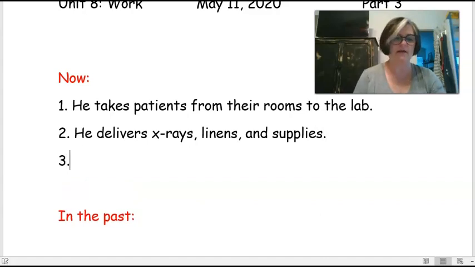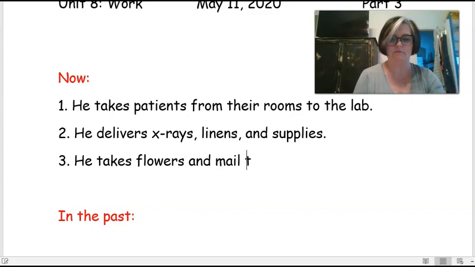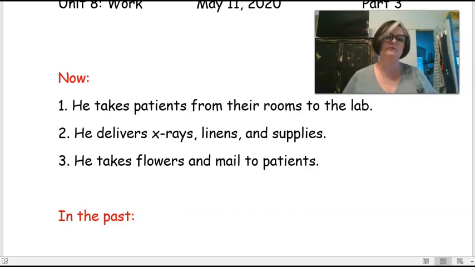And the third thing he does at his job now is he takes flowers and mail to patients. Okay, so those are the 3 things he does at his job now.